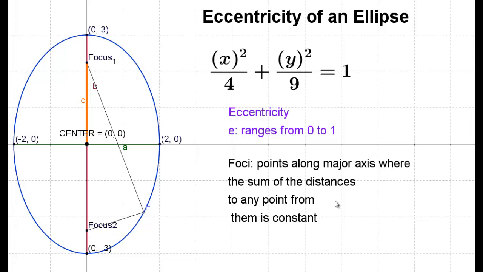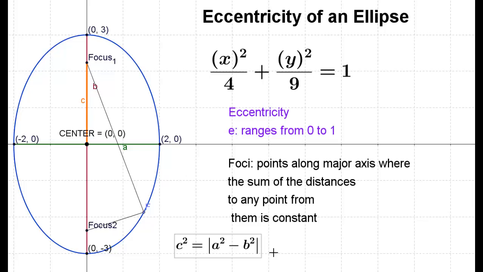That focal distance is called C, and I've got that in orange here. And it's the same from the center to focus 1 as it is from the center to focus 2. That distance is called C. And the combination of C and the value of the semi-major axis will help determine the eccentricity.